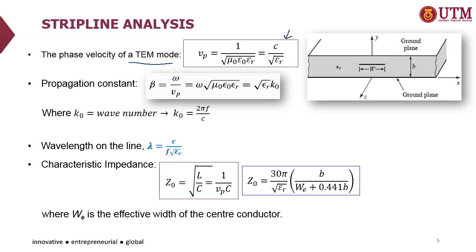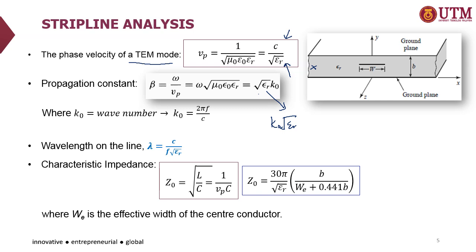C is the speed of light and epsilon r is the relative permittivity of the dielectric materials in which the strip line is sandwiched between two parallel metal ground planes, and the propagation constant beta is equal to the square root of epsilon r times k naught.